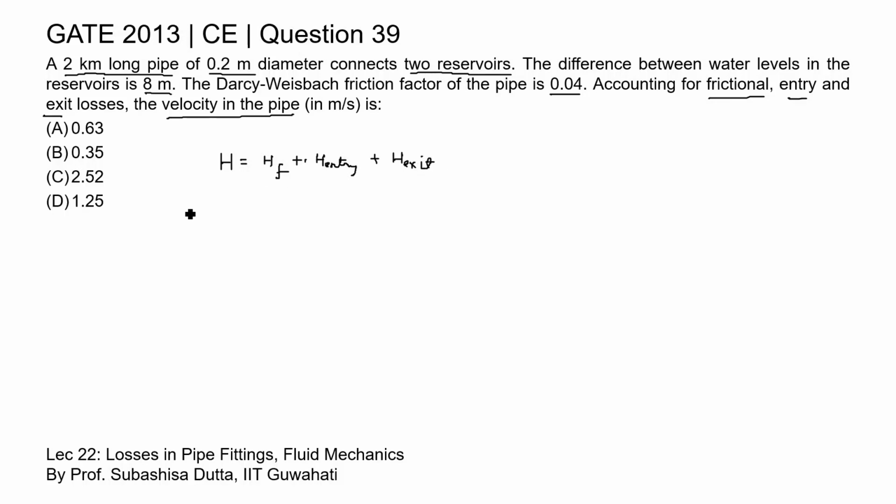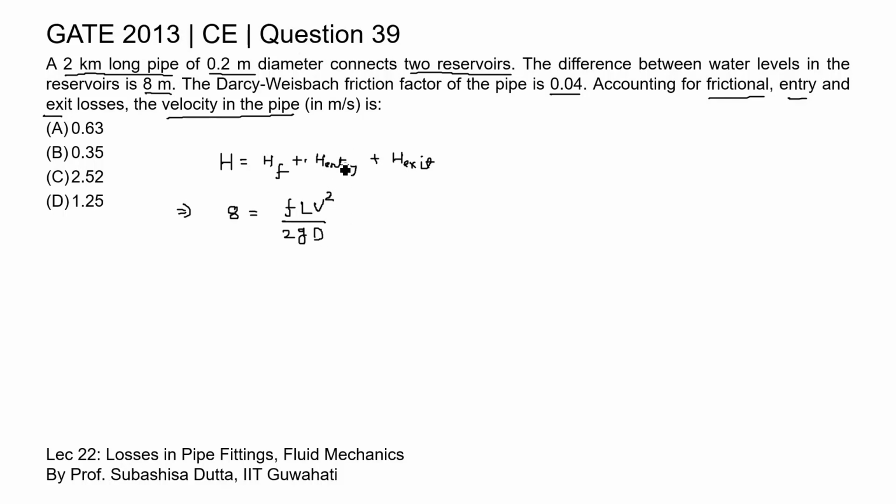So we know the total head loss is 8 meter, and the formula to find the frictional loss is f L V square by 2 g D, where f is the Darcy-Weisbach friction factor, L is the length of the pipe, V is the velocity of the flow in the pipe, g is the gravitational acceleration, and D is the diameter of the pipe.